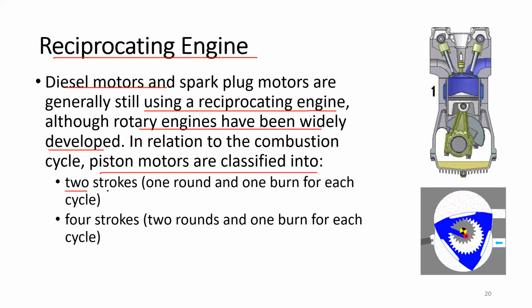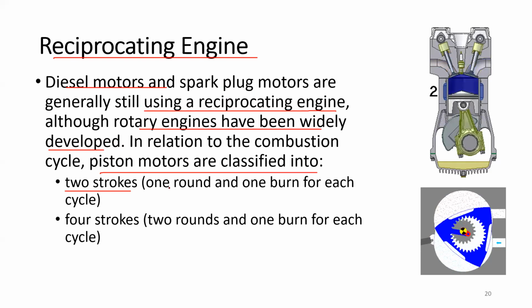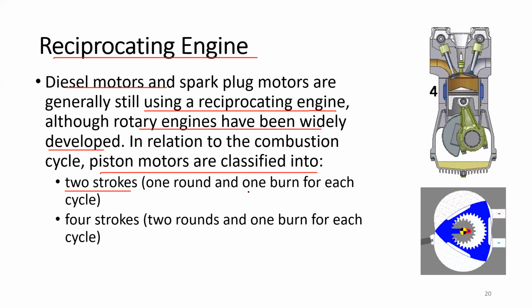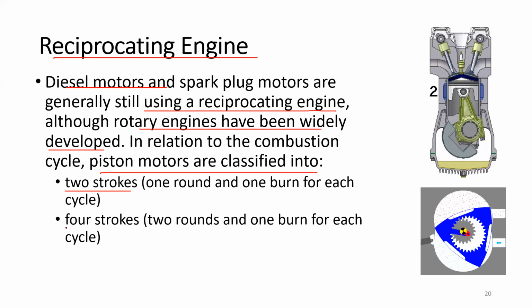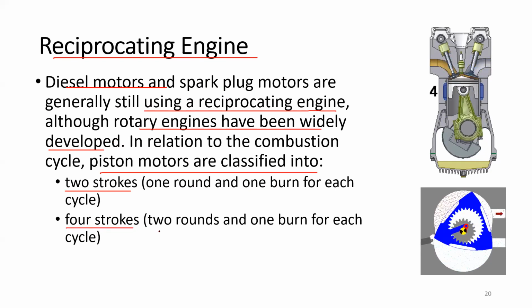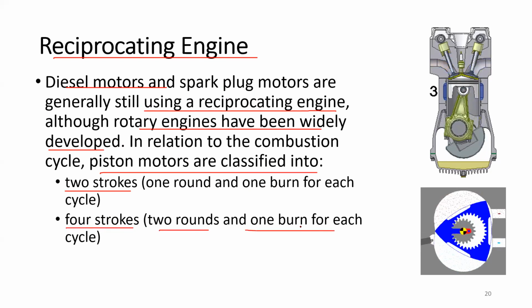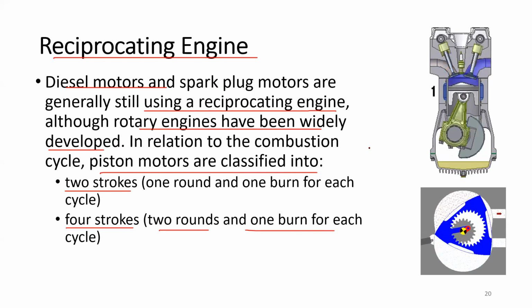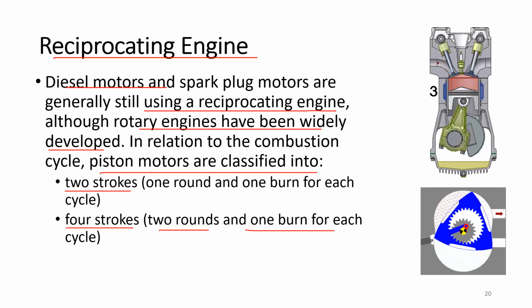The first is the 2-stroke, which we can define as 1 round and 1 burn for each cycle, while the second is the 4-stroke, 2 rounds and 1 burn for each cycle. This is an example of the reciprocating engine.